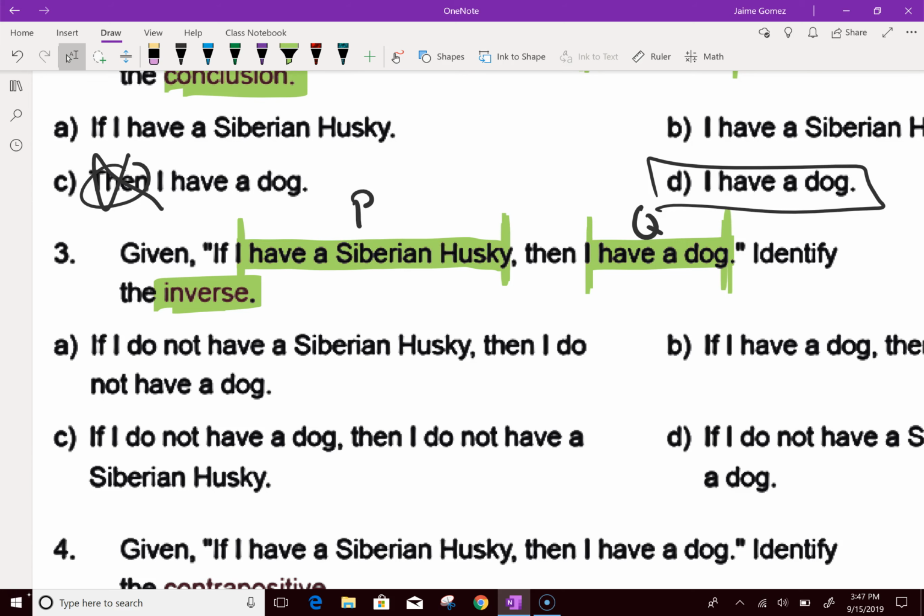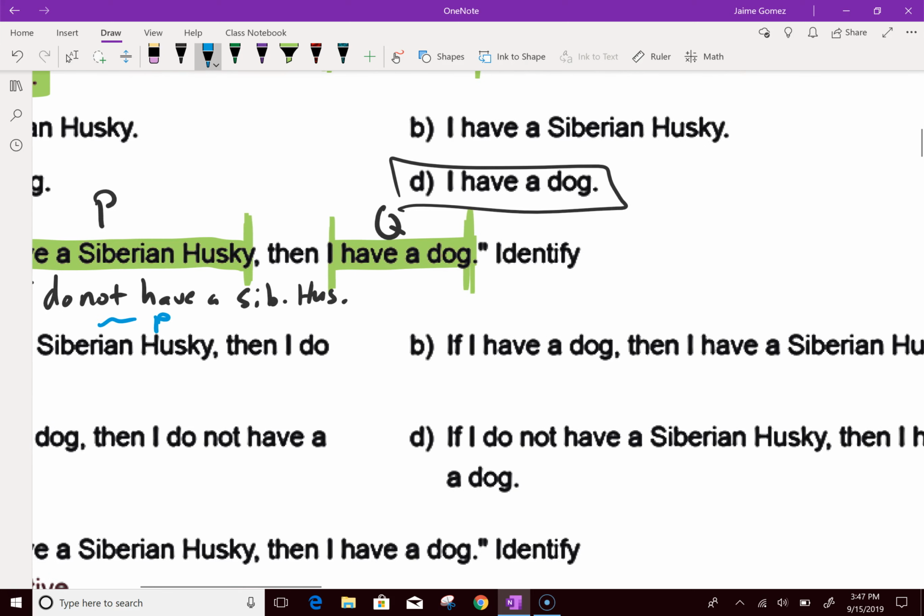Well, then you're going to put I do not have a Siberian Husky. Now I'm just abbreviating there because I don't have enough room. So this right here is now not P.